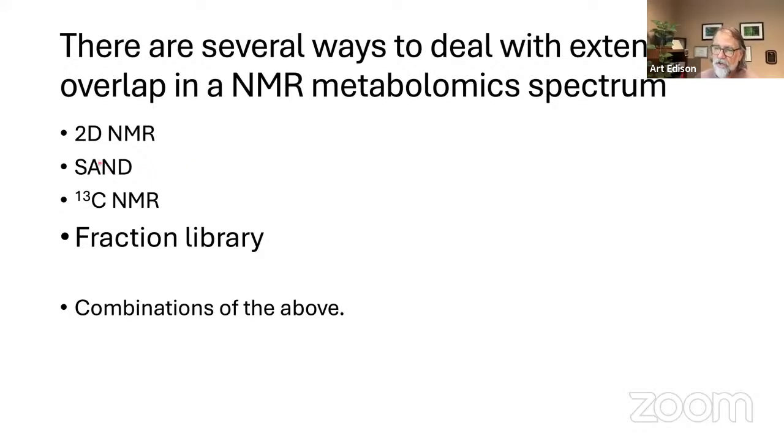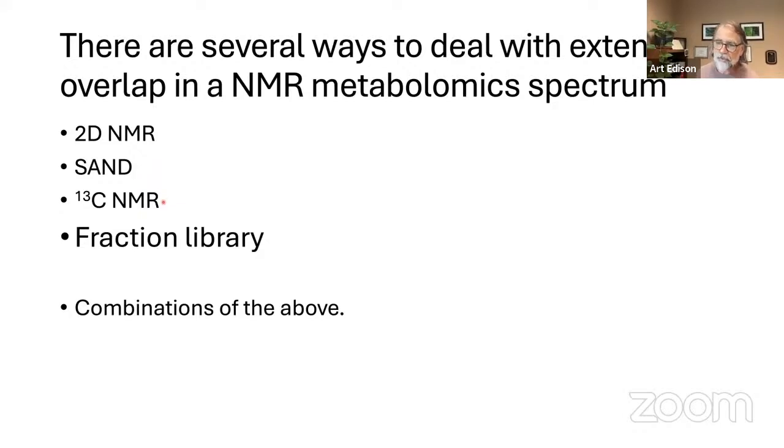You heard about SAND yesterday, and if you missed that, I would refer you back to day 3 and Frank Delaglio's talk on NMR data processing and SAND in particular, which is a time domain analysis to try to extract individual peaks out of a complicated NMR spectrum.